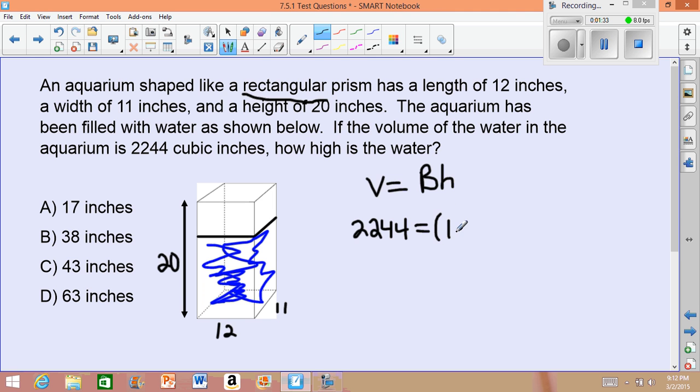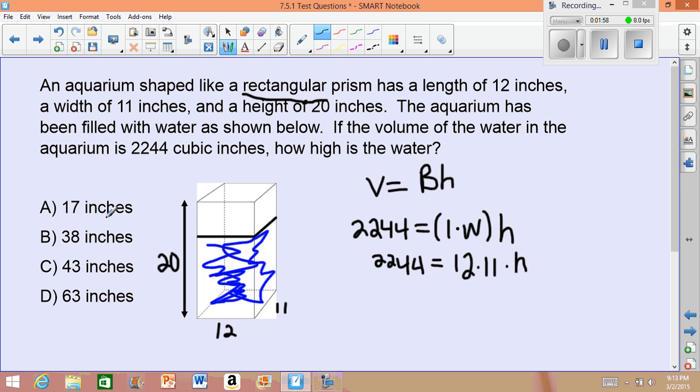So we can put in length times width, and we're trying to find out what the height is. We don't know that, so we'll plug in what we know: 2,244 equals our length times width, which is 12 times 11, times our height.